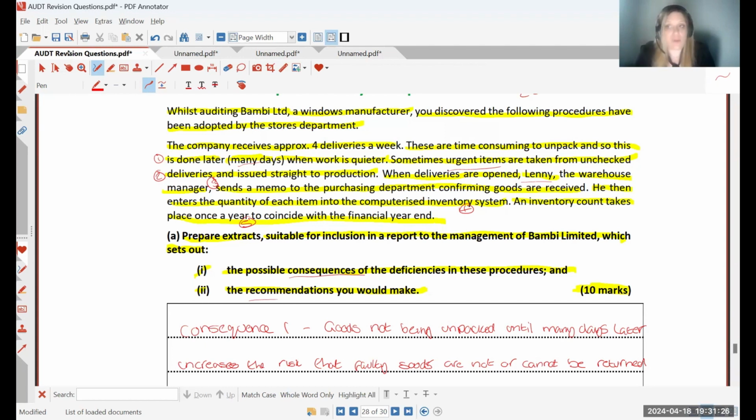Well, if inventory is only counted once a year and you've got some staff that are constantly stealing inventory, it might take you a year to notice. Might take a year to realise that your staff, or it might not be your staff, it could be anybody, is actually stealing from you, right? So it needs to be done more than that. That's our consequence. That's our recommendation.